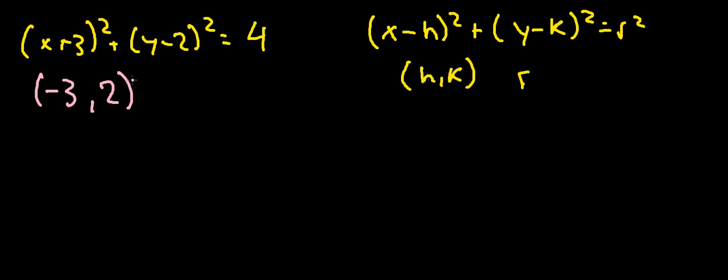So it's essential to remember that it's minus h and minus k. So here the center is (minus 3, 2), not (3, minus 2), because the negative signs change the signs. And we have a radius of 2, because it's r squared, so we have to take the square root. What squared is going to give us 4? 2. So the radius is 2.